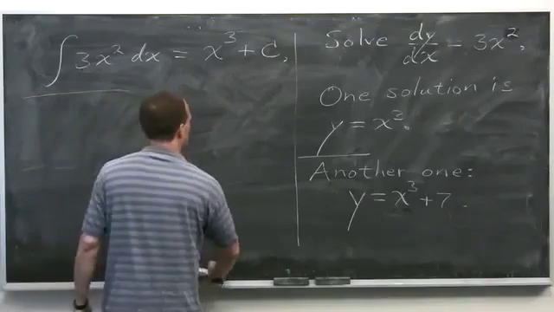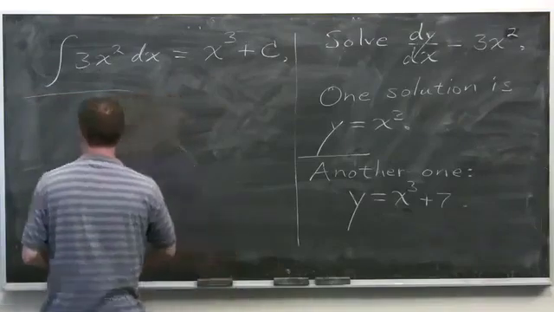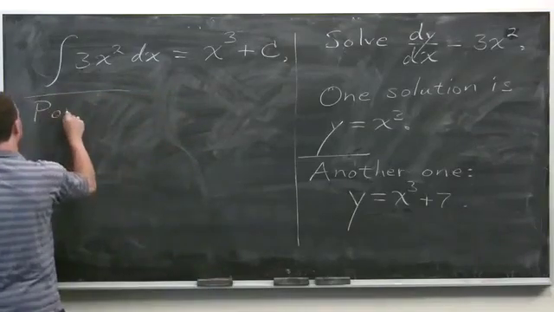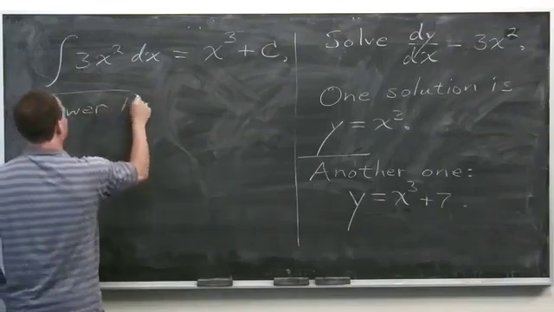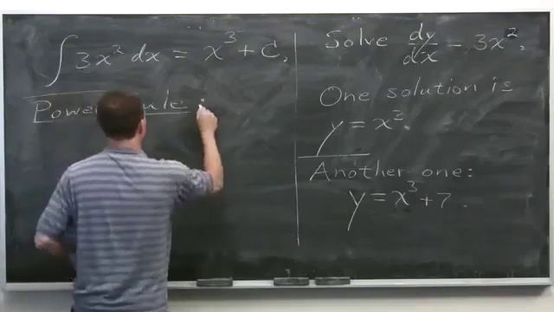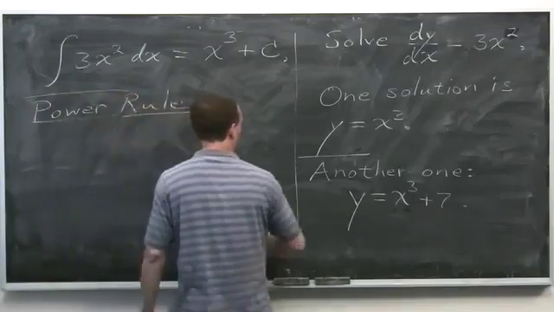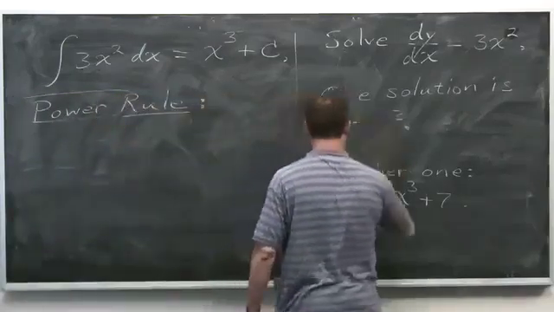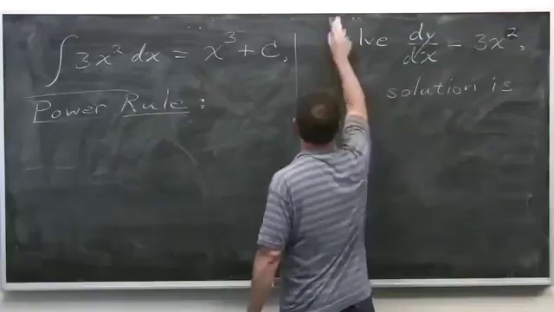So for instance, the power rule, I'm going to include some parts that are special cases of the power rule. Some people wouldn't lump these into what they call the power rule for integrals.